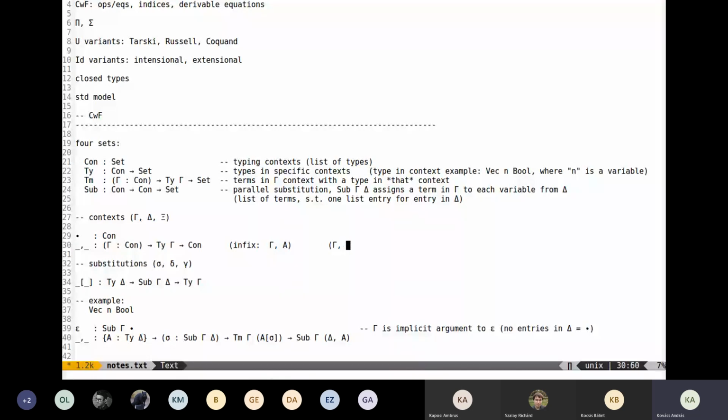So instead of gamma A, we can write something like gamma extended with an X in A. So in informal notation, it is very helpful to use names. So vec and bool is a type in a context which looks like, for example, this.